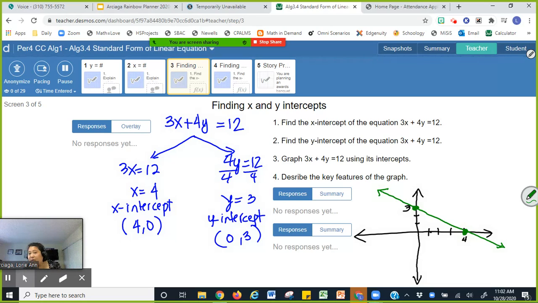All right, so now we're going to describe the key features of the graph. So we always mentioned the slope earlier. How can we find the slope this time if we don't have a table? We can find the slope from a graph, just like what Brandon said earlier.